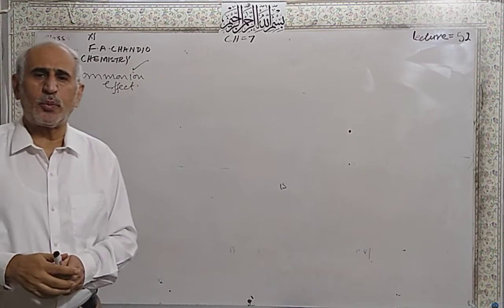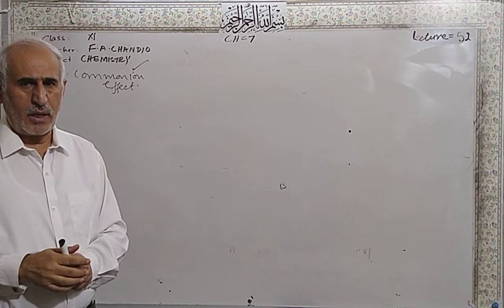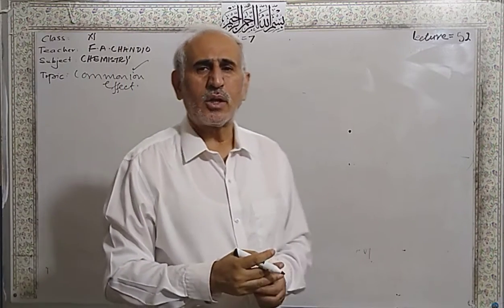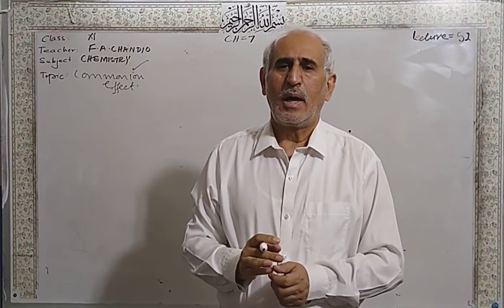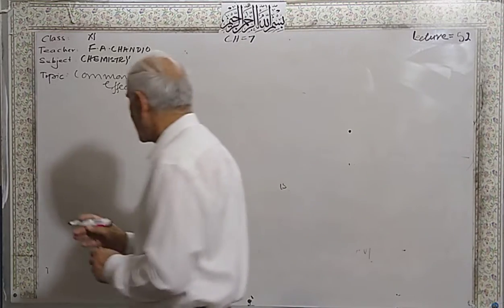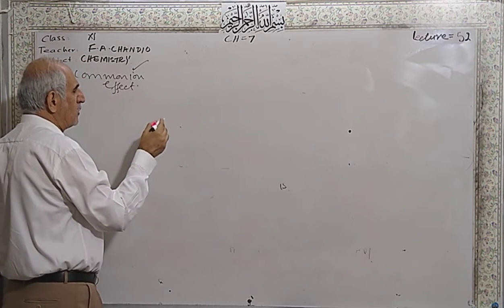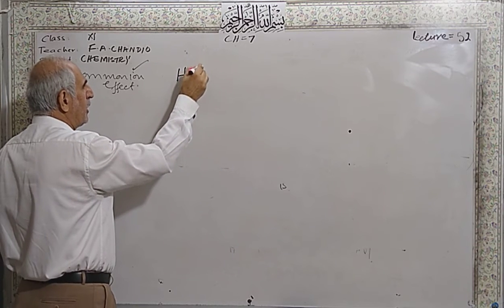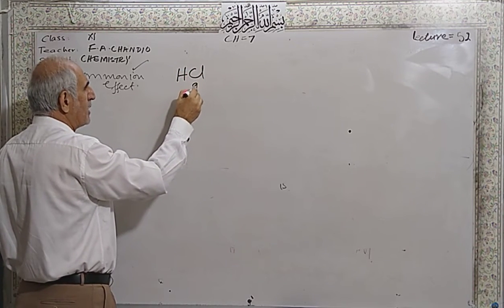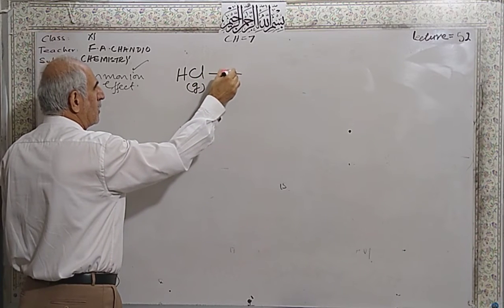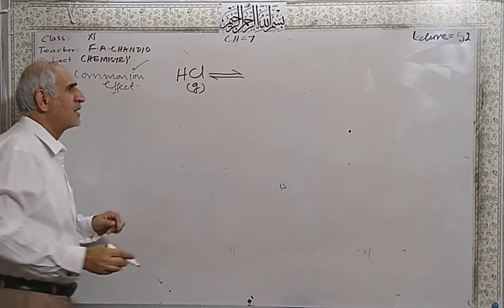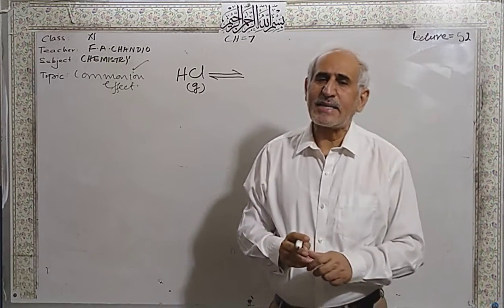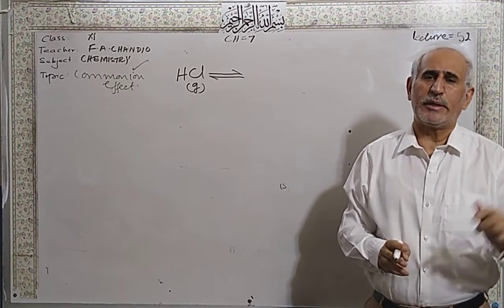So how do we purify sodium chloride on the industrial scale? We have hydrogen chloride gas, which is a very strong acid and very highly soluble as compared to sodium chloride.